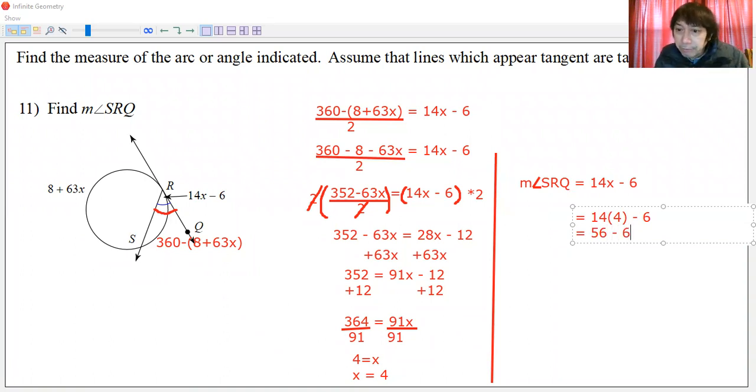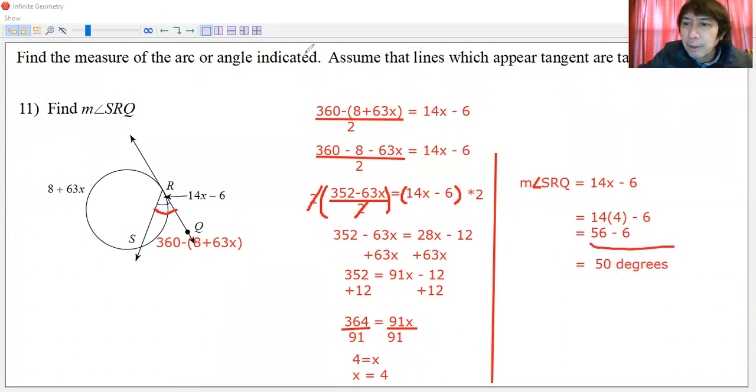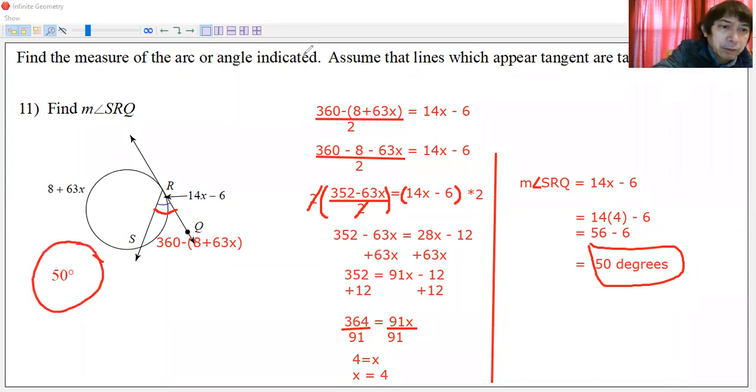That looks like 50. Okay, our answer is 50 degrees. There, our answer is 50 degrees. All right, so this will be it for number 11. Let's check the answer and verify. Yes, it's 50. There. All right, so that goes to our number 11.